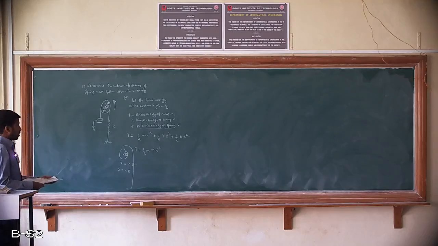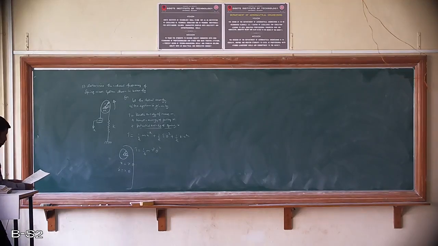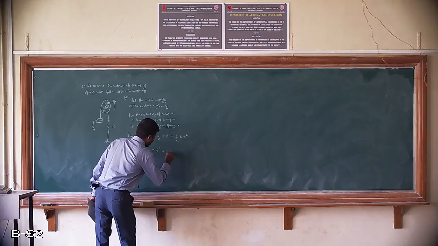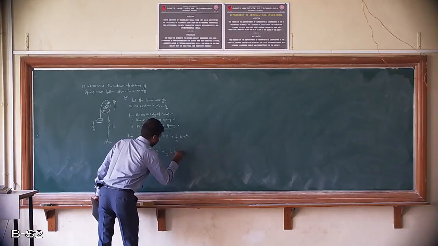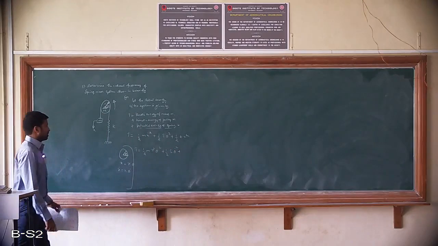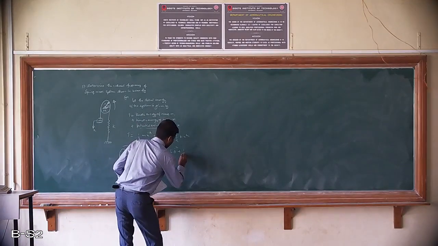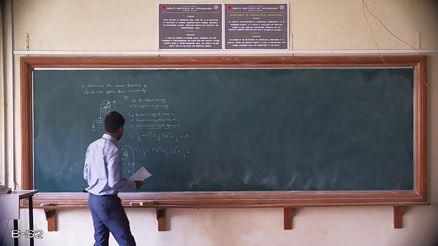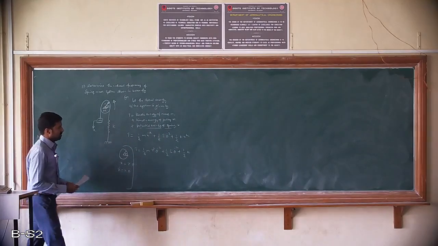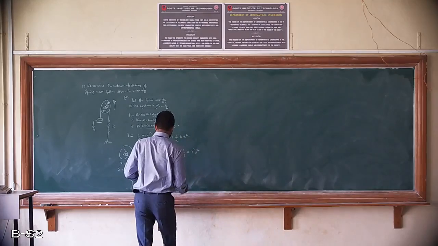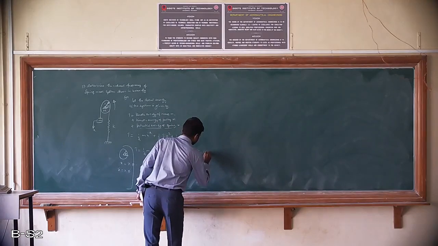So T is equal to half into m into r square into theta dot square, plus half into I into theta dot square, plus half into k into x square, where x is r into theta, so r square into theta square, which is equal to a constant.